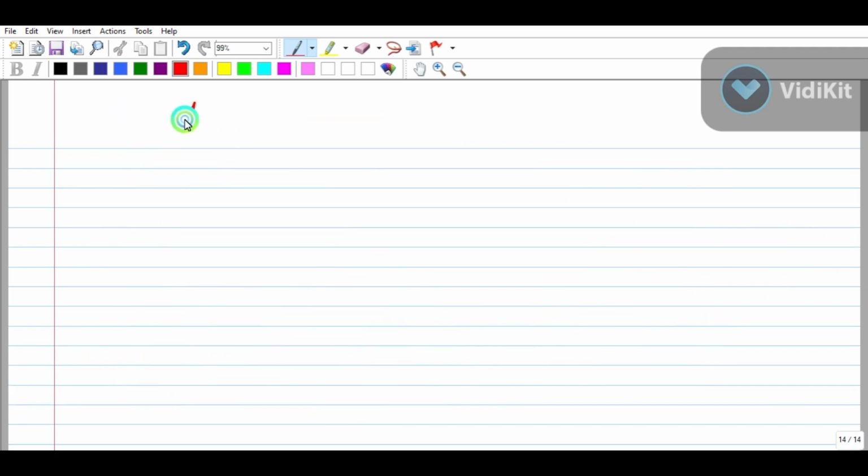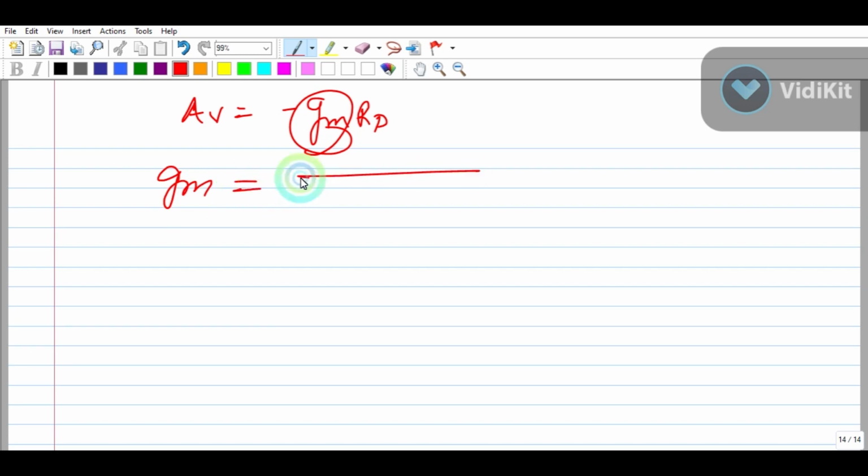Okay, so AV was minus GM RD. You can increase GM, right? What is the formula for GM? GM is equal to root 2 mu n COX W by L ID. So you can increase ID, right?